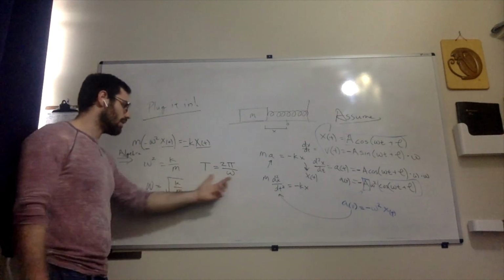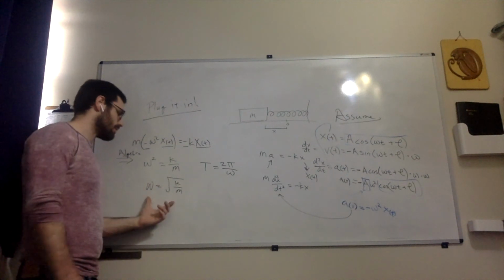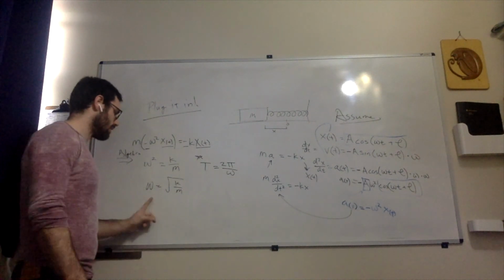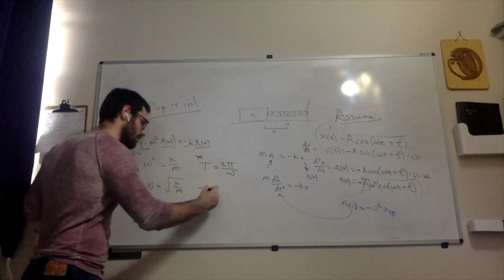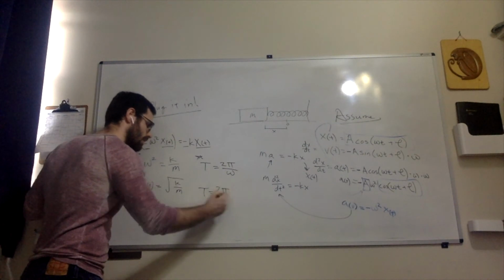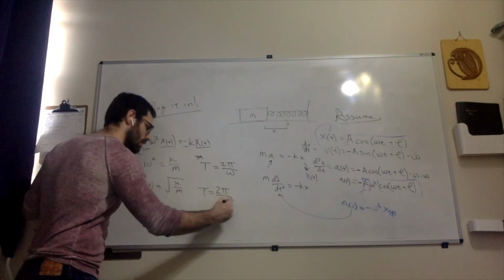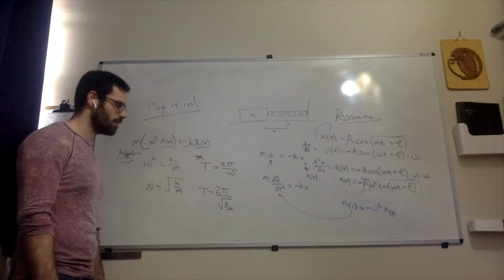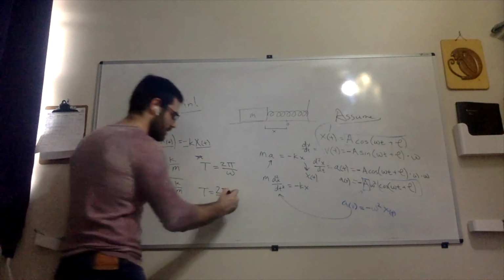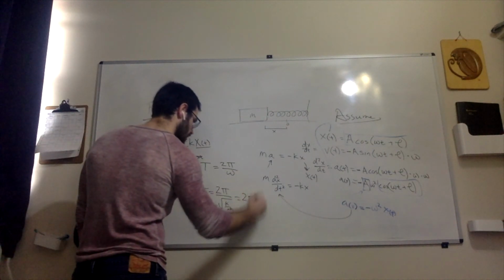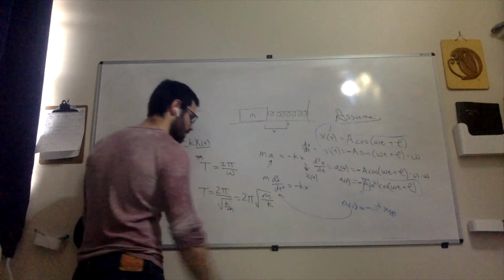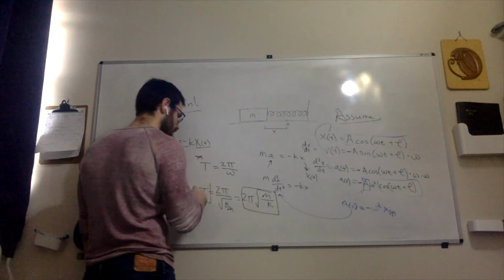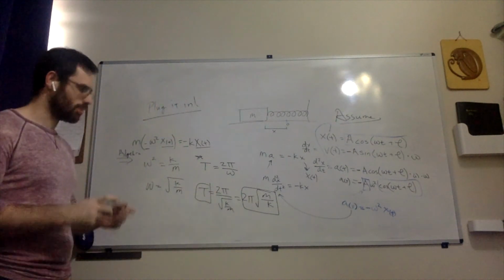But in this case, 2 pi over omega is something we should know. And then we can use that with this value to say that T equals 2 pi divided by root k over m. We should really make that nice and pretty. That's really just 2 pi root m over k. This is our period equation.